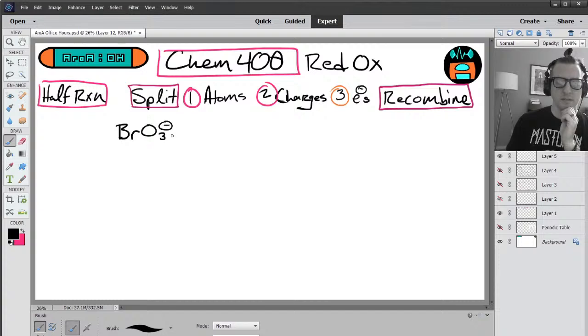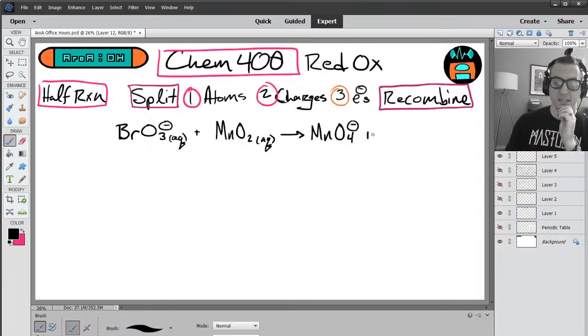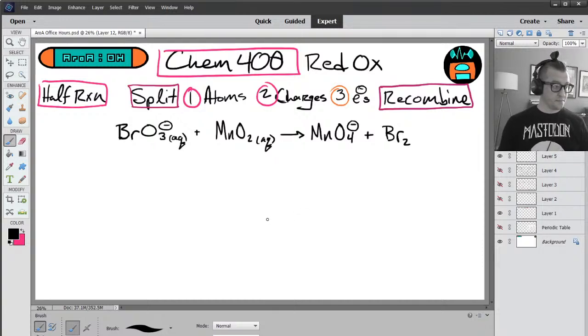Aqueous bromate reacting with aqueous manganese 4 oxide to produce permanganate and bromine. All right, and this will be in basic media.